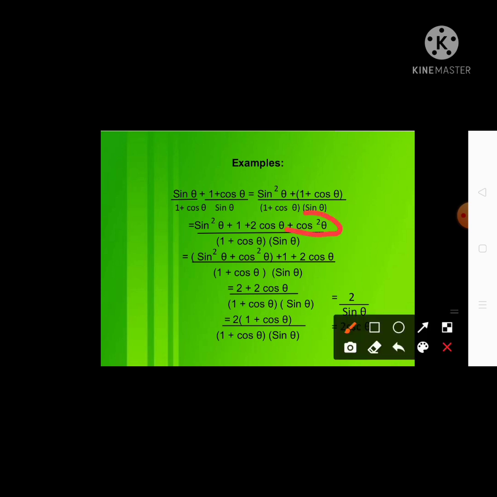Theta. So sin squared plus cosine squared is 1, plus 1 plus 2 cosine theta over 1 plus the quantity of 1 plus cosine theta, the quantity of sin theta.